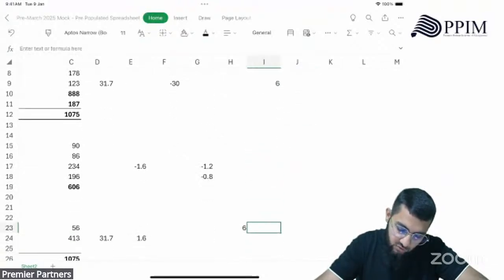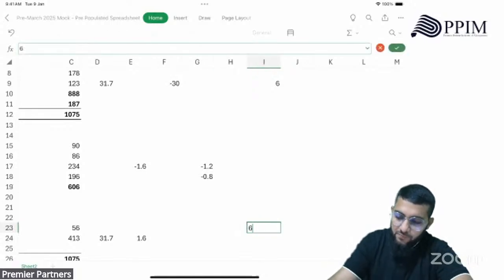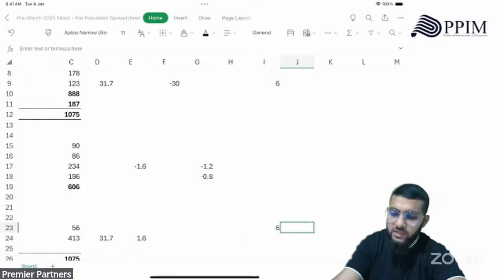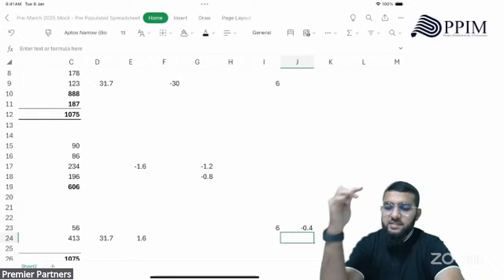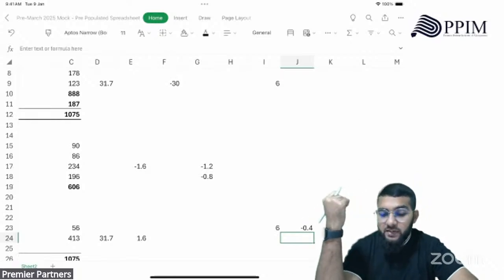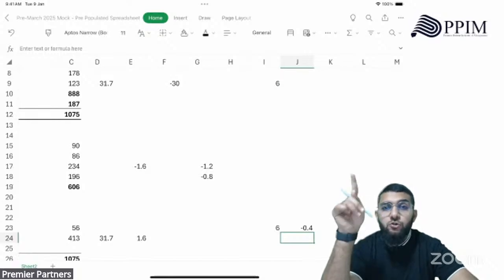Make sure it's in the correct column, see, it's in the wrong column. 6. Right, so the implication reduces this by 0.4. So that's the debit part. What's the credit here? It's going to reduce our income tax expense.